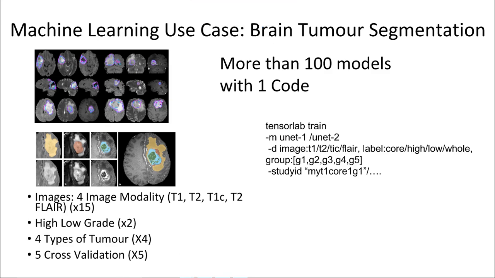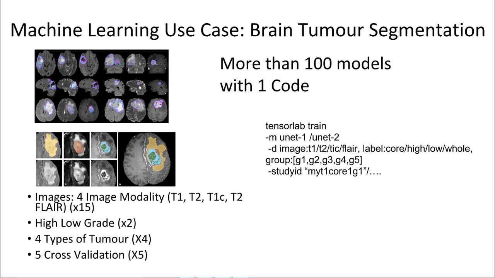A typical application is for brain tumor segmentation. For this task, we have 4 imaging modalities, including T1, T2, T1 contrast, and T2 FLAIR MR data. For each image, we segment both the high and the low grade.